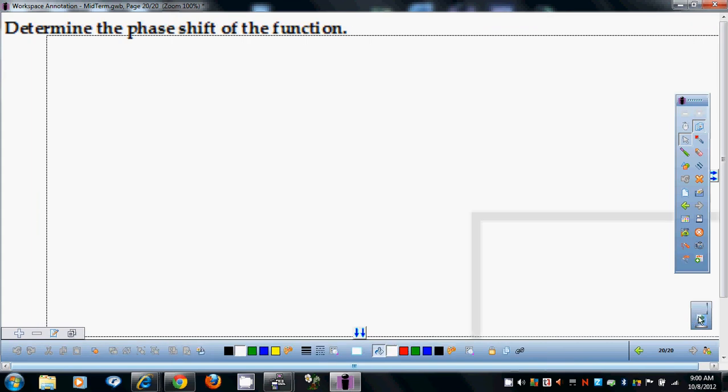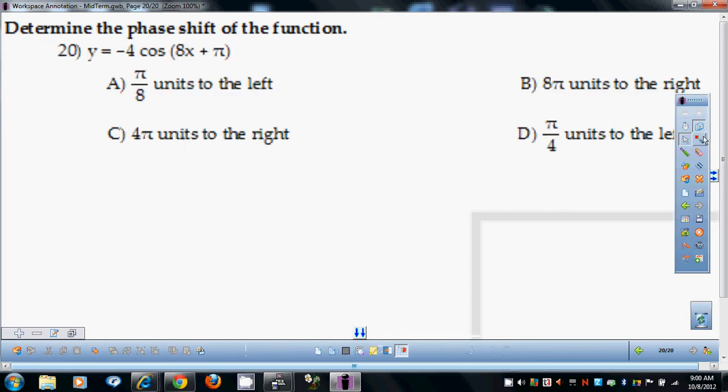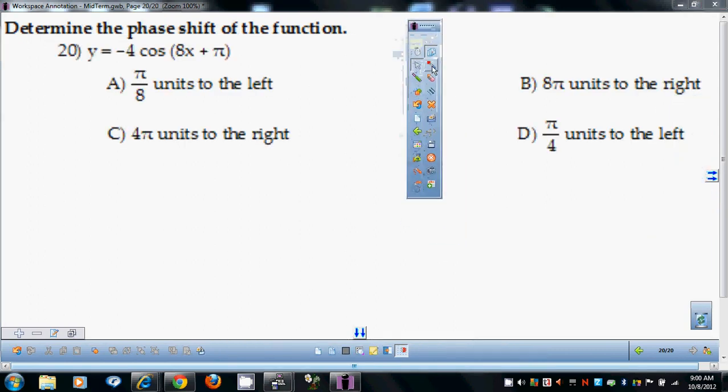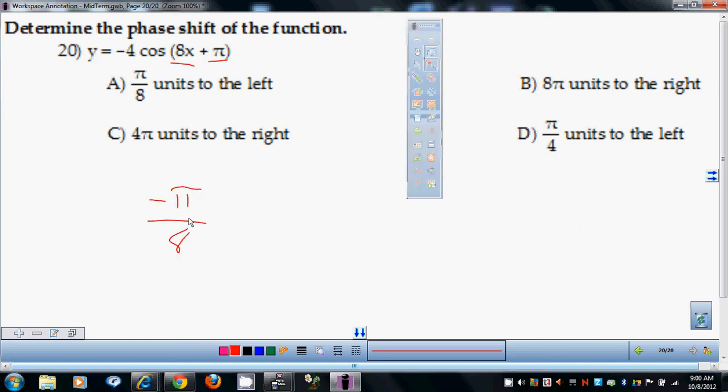Give you a hint, I wouldn't ask you a false question. True or false, it has to do with trig. True, yes. Okay, and the formula for phase shift. Kayla, say it again. C over B, remembering to change the sign on your C. C over B, changing the sign on your C. Negative pi over 8.